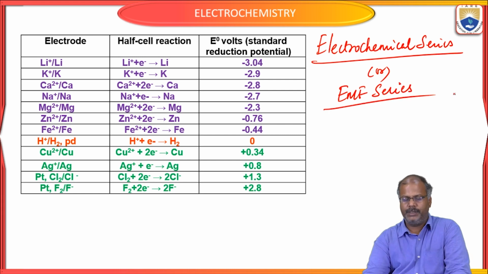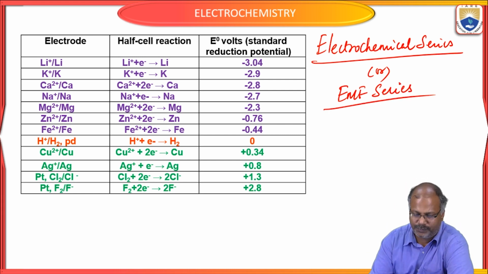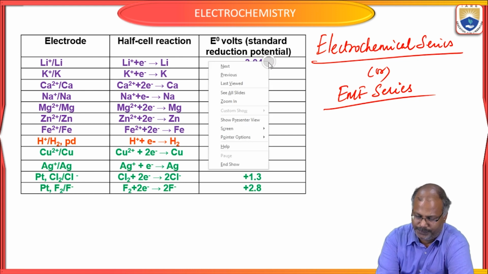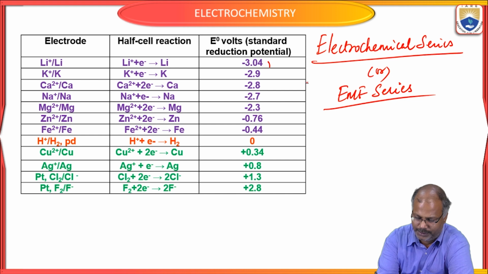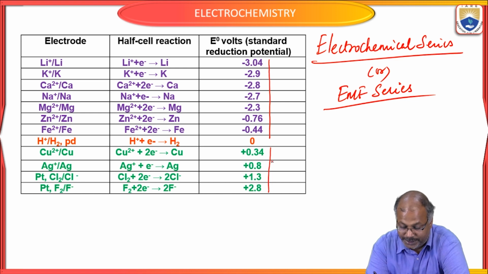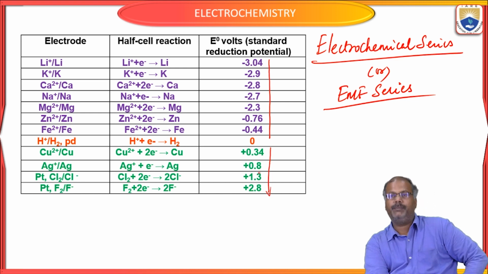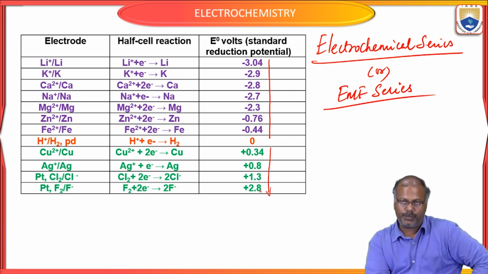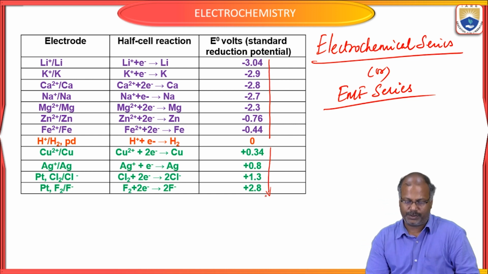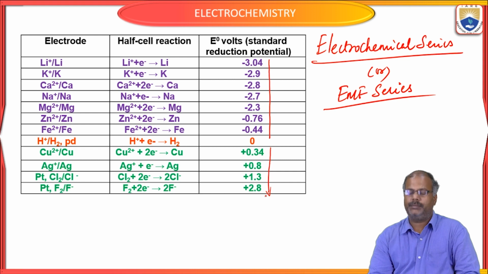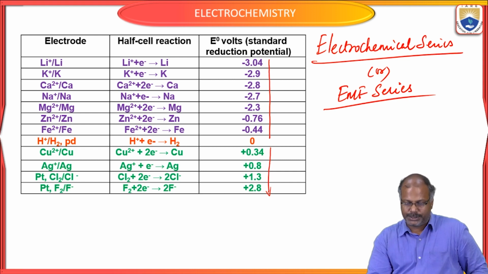These are in increasing order, from minus 3.4 it increases, reaches 0, and then it continues to increase: plus 0.34, plus 0.8, 1.3, 2.8. It is the increasing order of standard electrode potentials.